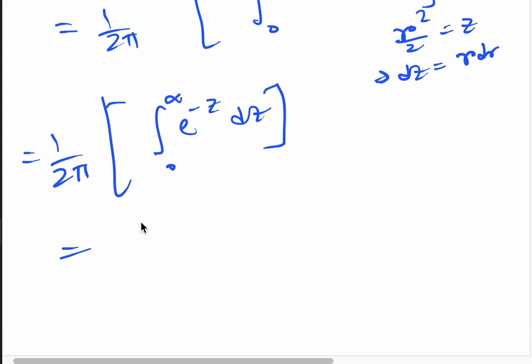So that is basically 1 by 2 pi. That means theta has density 1 by 2 pi, a uniform distribution between 0 to 2 pi.